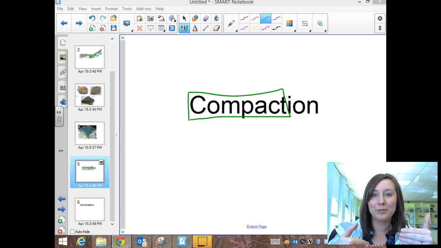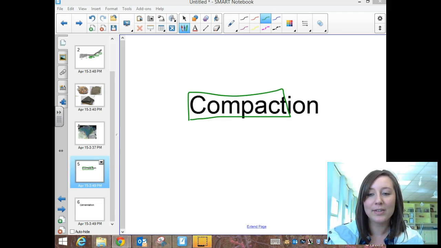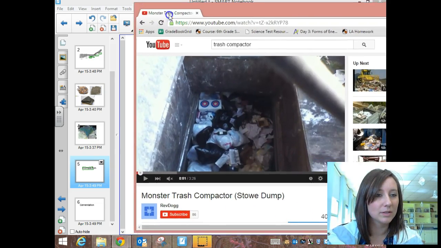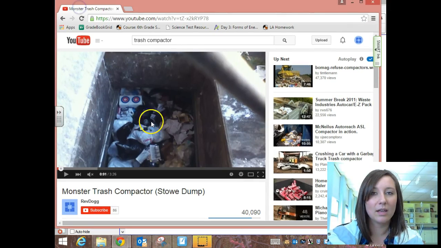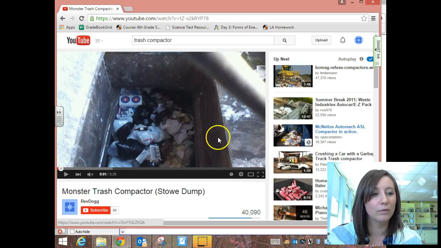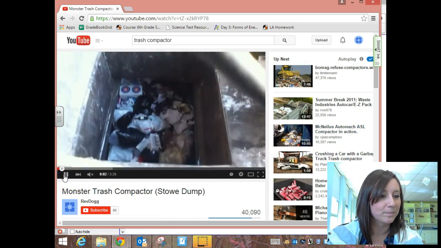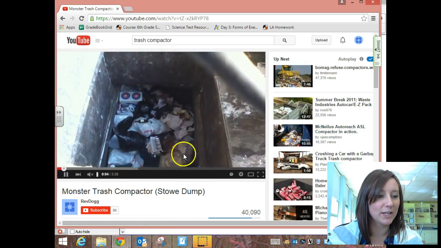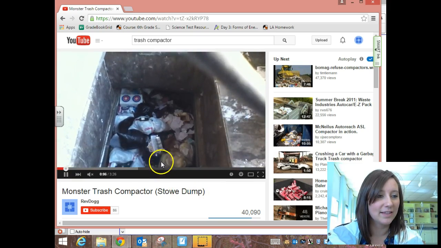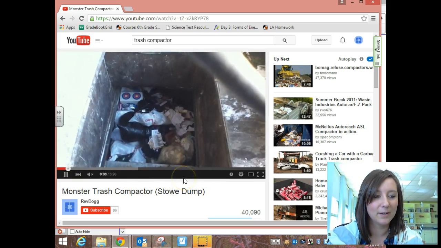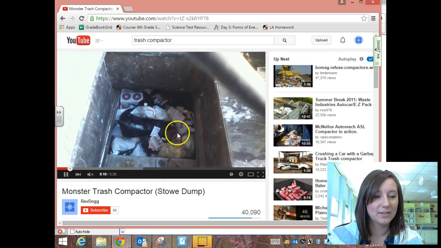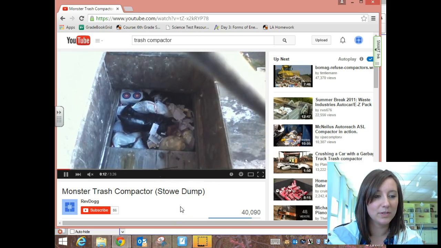So they actually went down a trash chute and they were in this large trash compactor. This is what would have happened to Luke and Leia and Han Solo if C-3PO and R2-D2 couldn't have overridden the system. So you can see they have all that trash in there, and then the metal sides are starting to come together. And you can see just how all the trash is getting pushed together in there.